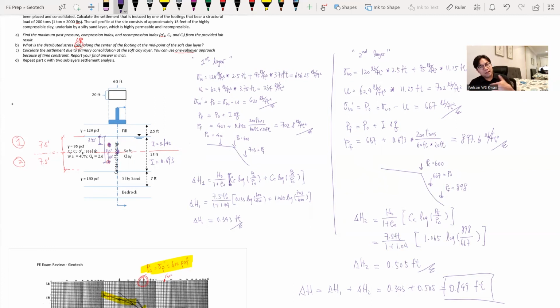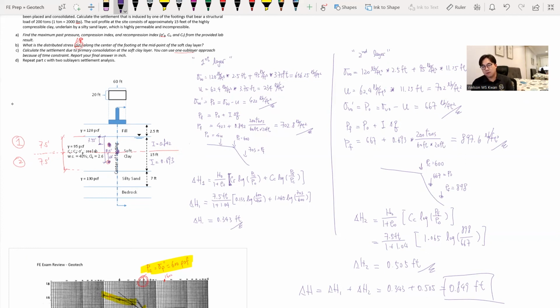And you keep adding sublayers to a point where you will see the settlement calculation results you get show no difference between n versus n plus 1 layers, or the difference is within a tolerance that you set.